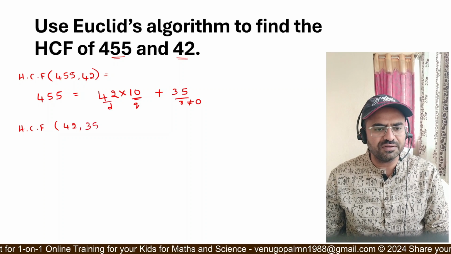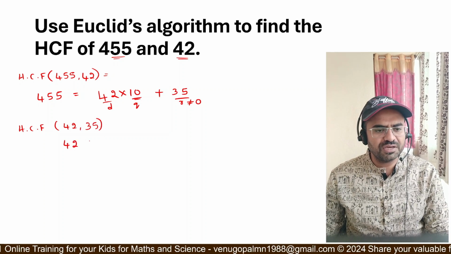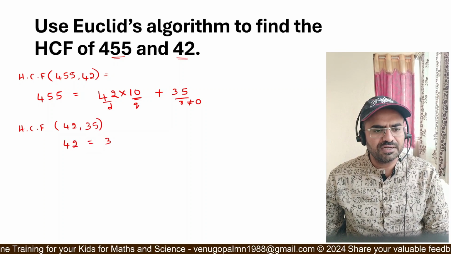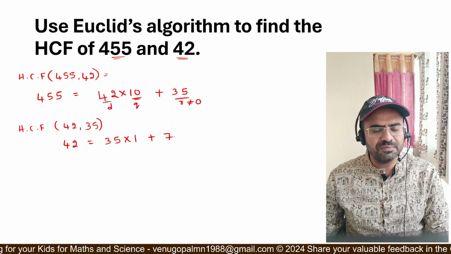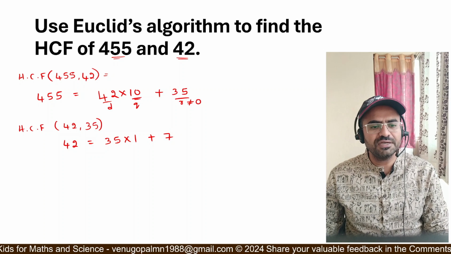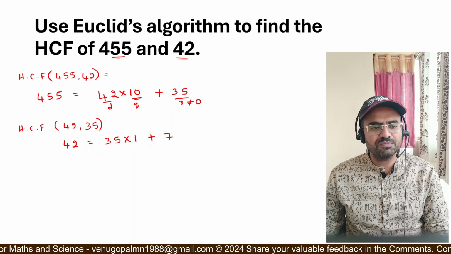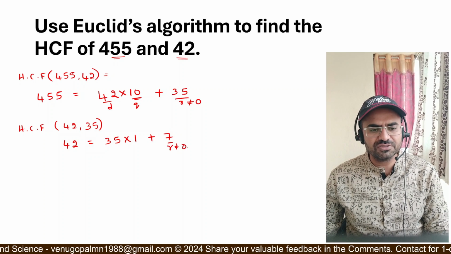42 and 35. So 42 can be written as 35 into 1 plus the remainder, which is 7. 35 plus 7 would be 42. Now this is R and R is not equal to 0.